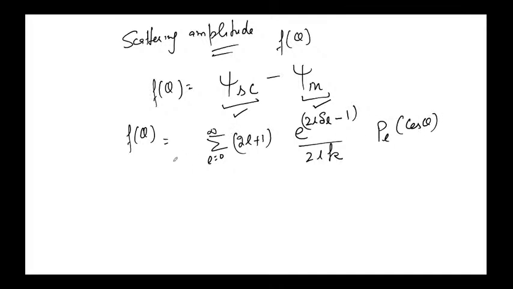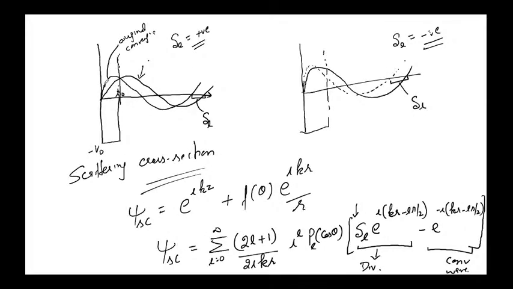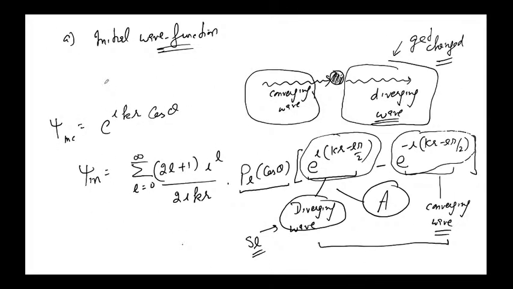I hope you can easily derive these values because we have calculated the value of psi scattered, this is our scattered wave function, and this is our incident wave function.